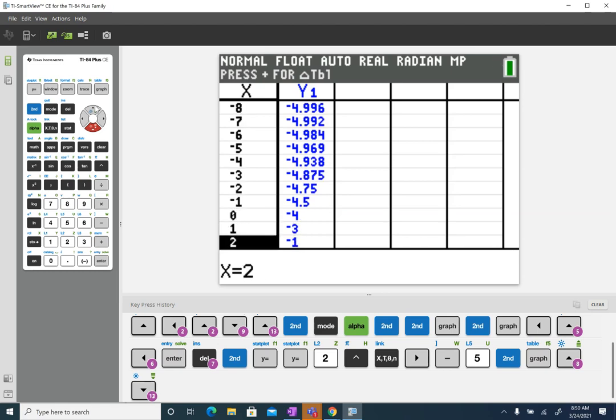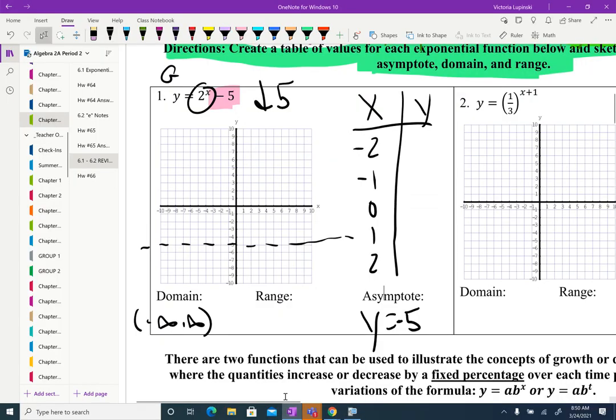So I'm going to take a look specifically at the values I asked for. So -2, -1, 0, 1, and 2. I'm going to go ahead and copy those onto my worksheet here. So in the y values, which again just came from the graphing calculator, this is -4.75. This is -4.5. This is -4, -3, and -1. And then you're going to go ahead and graph those.